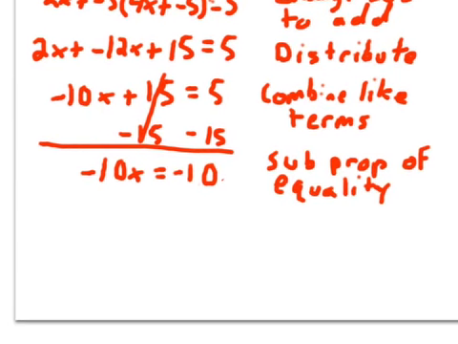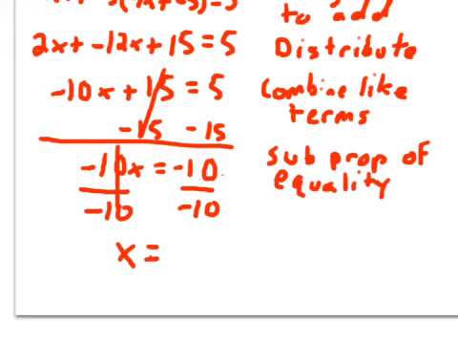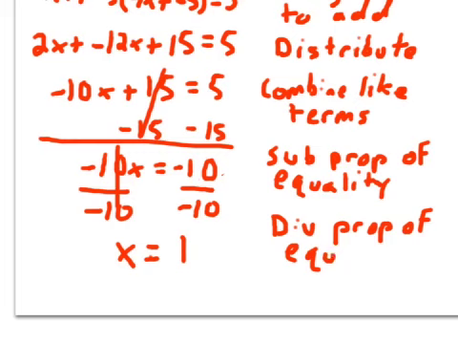Which, coincidentally, the last thing we need to do is divide by negative 10 on both sides. And we get x equals negative 10 divided by negative 10 is 1. And the property that states that we can do that is the division property of equality.